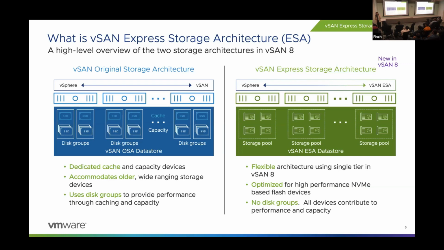The only difference is that the devices are all high performance NVMe flash devices. You just connect them and create a storage pool. That's it. So no disk groups, it's a flexible architecture, and it's a single tier architecture.